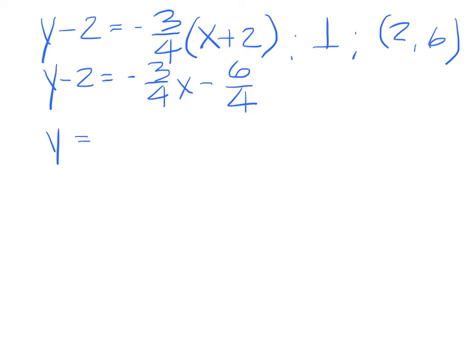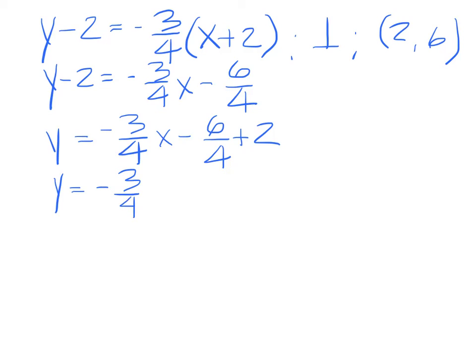And move the minus 2 to the right, change the sign, make it plus 2. Let's simplify a little bit to make it easier to combine. That's really a 3 over 2 here. That's a negative 1.5, and when I add 2 to that, it's going to be simply a positive half.